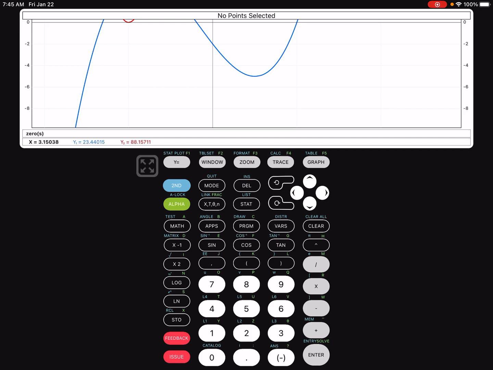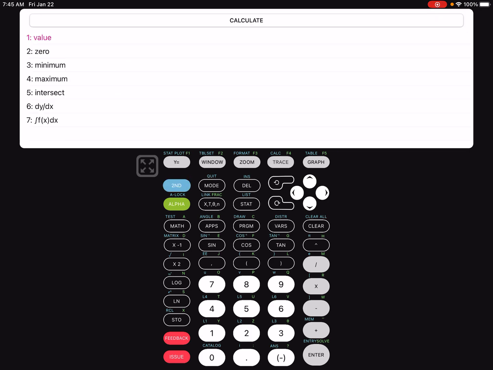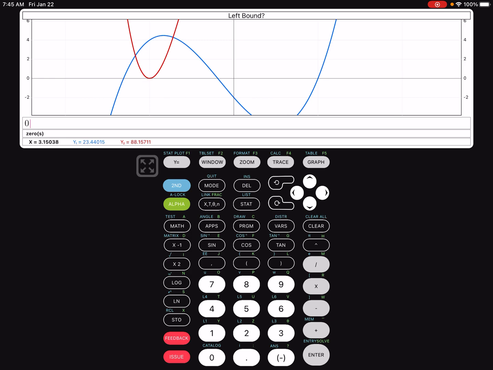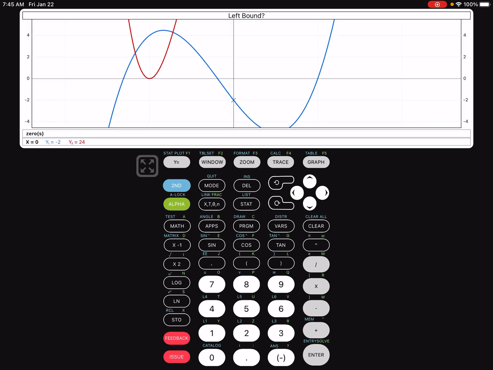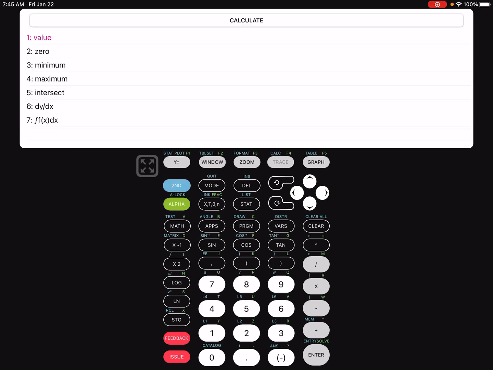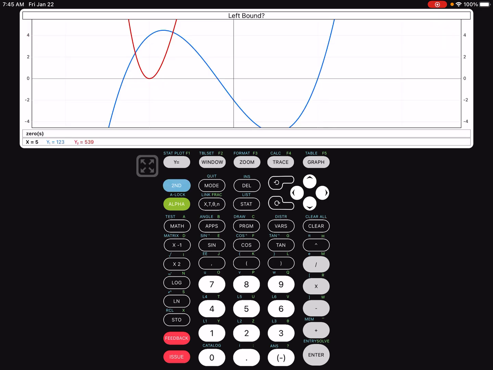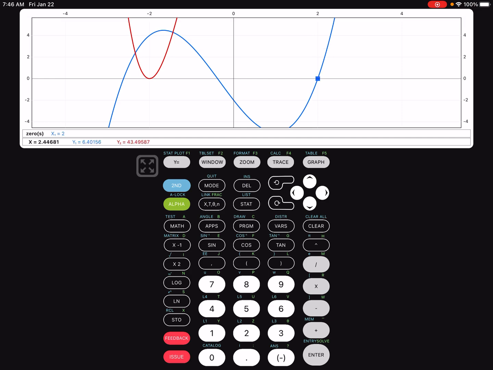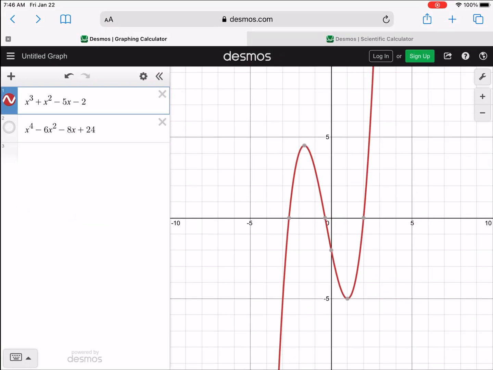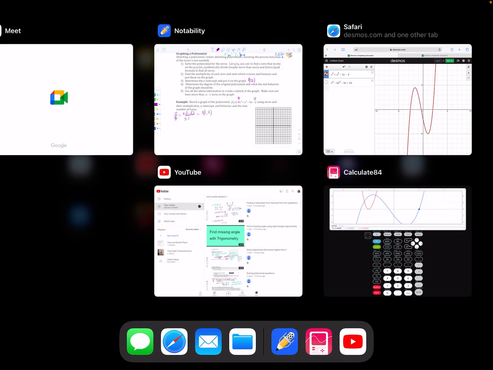Oh, I guess that way doesn't work on this one. So we're at an x-intercept of 5. So now my cursor's to the left, hit enter, my cursor's to the right, and our x-intercept is at 2. So either way, whichever one you do, you get your x-intercept of 2.